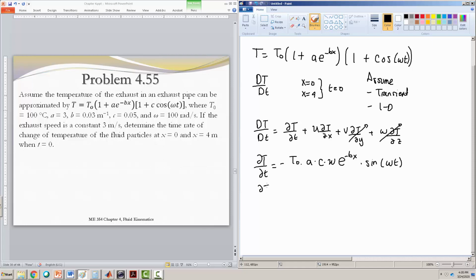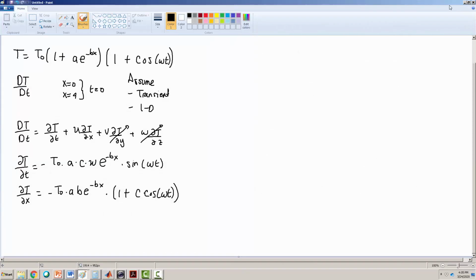And if we take the derivative with respect to x, we find that to be minus T0 A B e to the minus bx times 1 plus C cosine omega t.